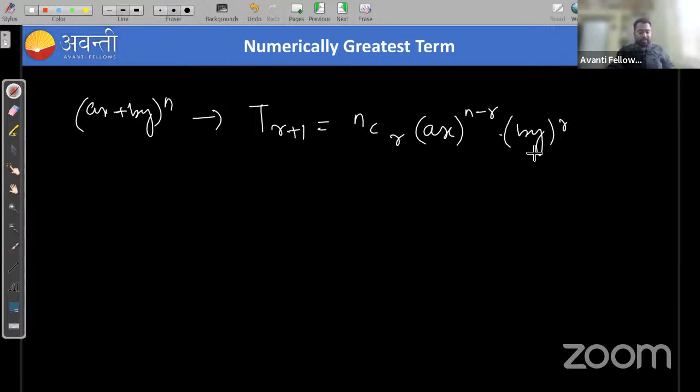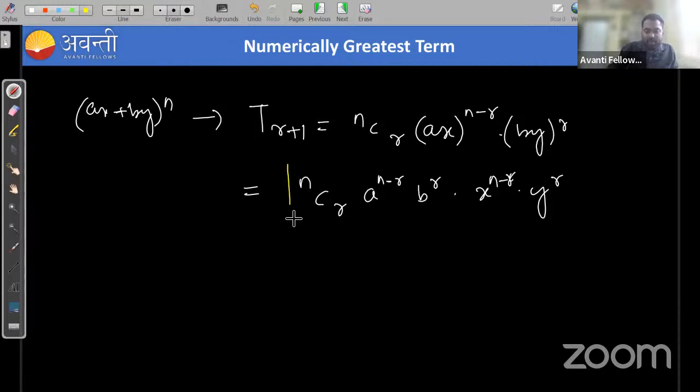Yes or no? So we can write this also as ncr into a to the power n minus r into b to the power r into x to the power n minus r into y to the power r. Yes or no? So this is my constant term, and this is my variable term.